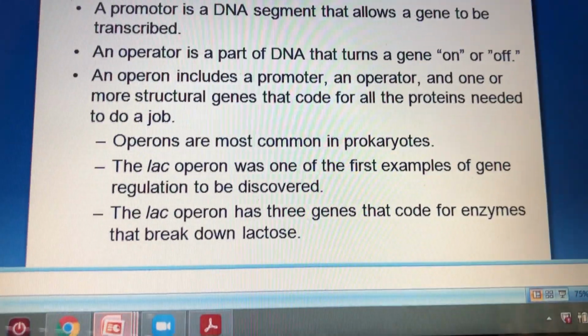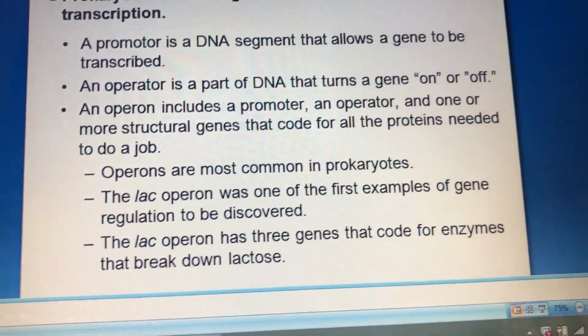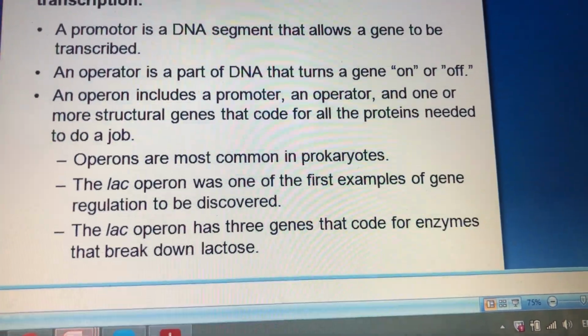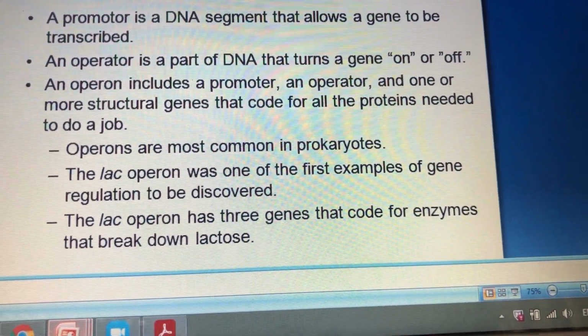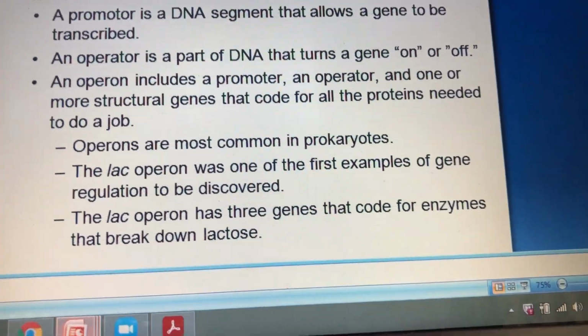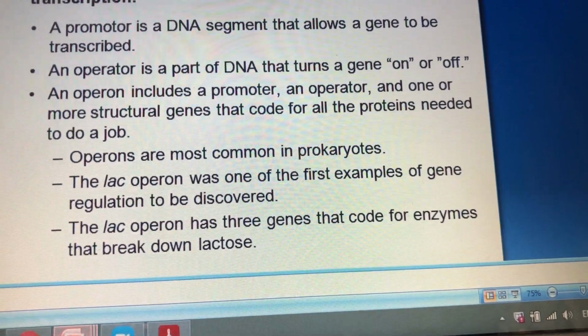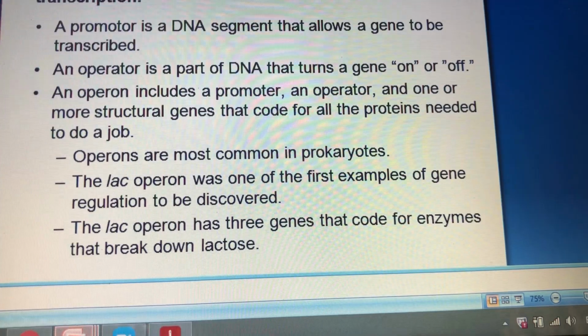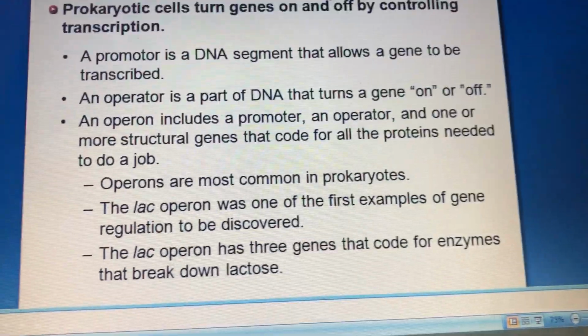The lactase enzyme is needed to break down lactose. If the bacteria consume lactose, it needs to break it down, so it needs the enzyme lactase. And for this enzyme to be synthesized, it must be transcribed, and this transcription should be regulated.